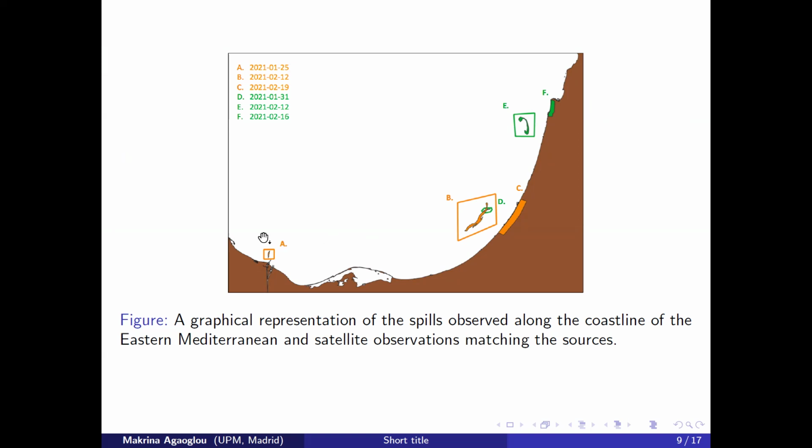And then these orange polygons labeled as A and B are successive earlier locations to the orange arrival labeled as C. And these green polygons labeled as D and E correspond to the green arrival labeled as F. And you can see the dates and everything here.